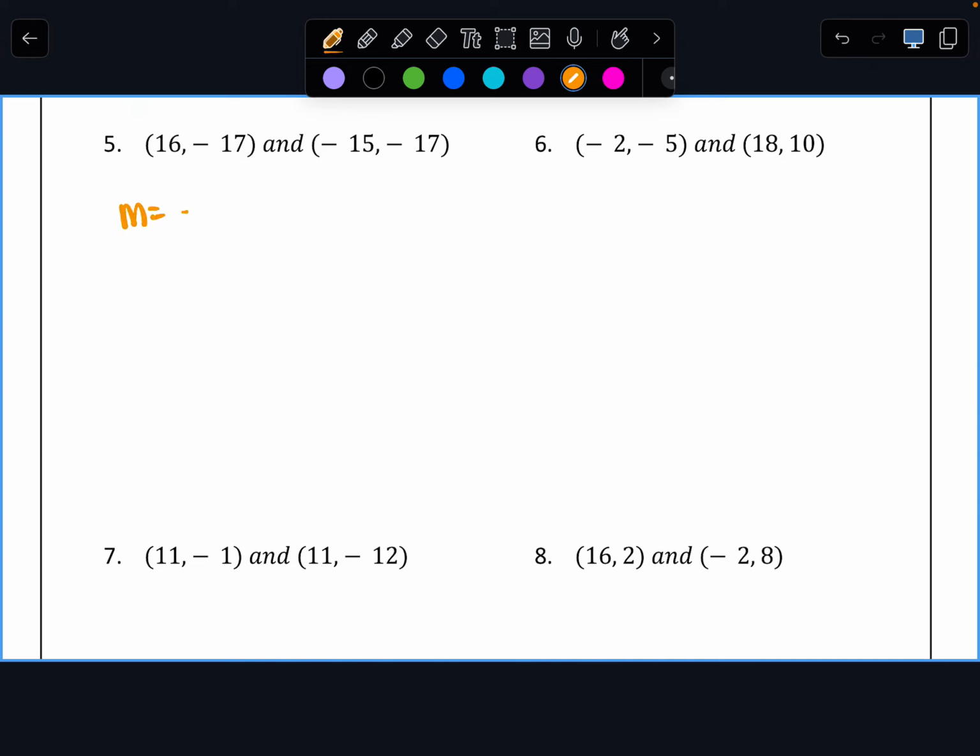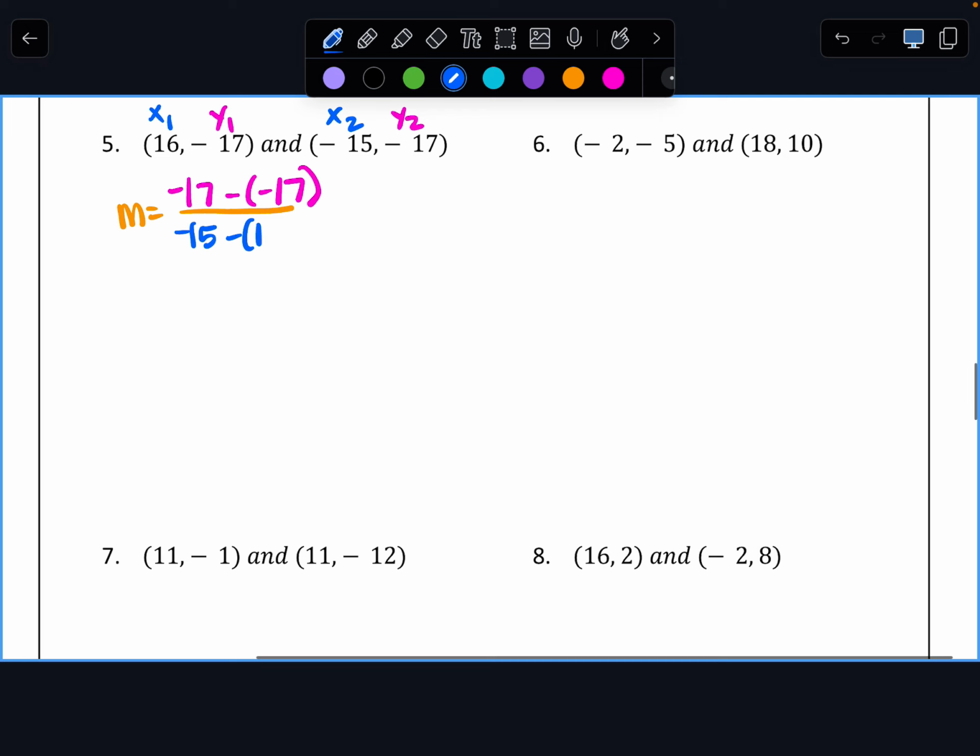So m equals, let's label this first, x1, x2, y1, y2. So we should have negative 17 minus negative 17 over negative 15 minus 16.